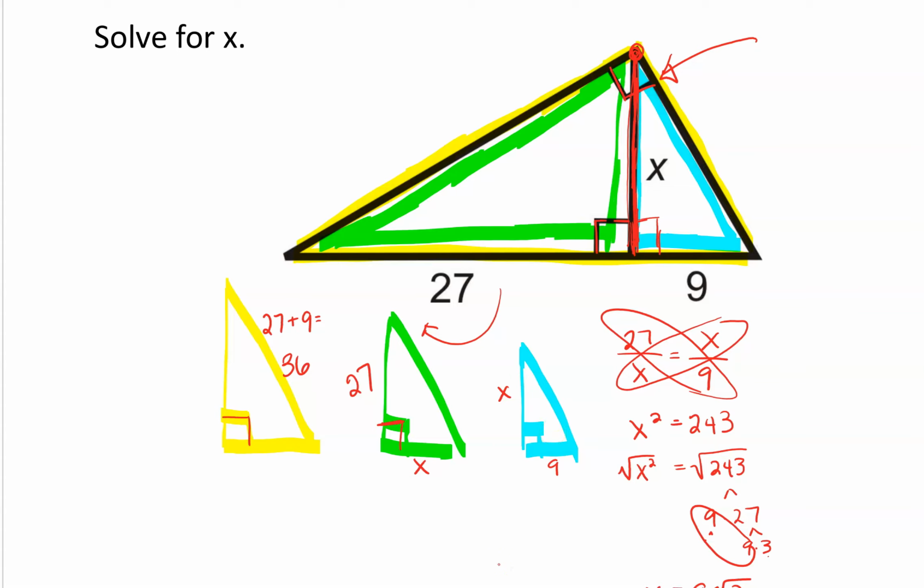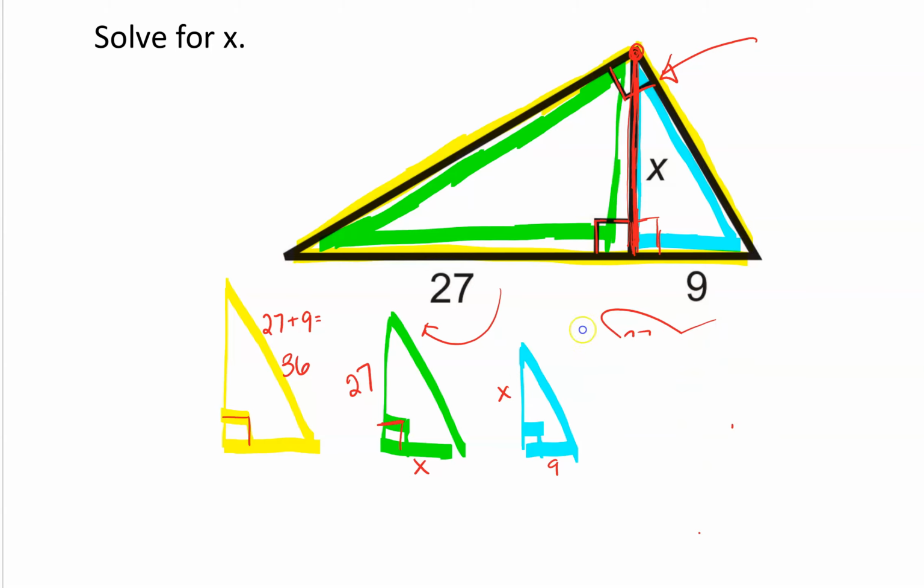All right, so if I go back to what I know about similar triangles, let me erase all this and start over. I can make a similarity statement based on these corresponding parts. I can say that the long side is to the long side as the short side is to the short side.